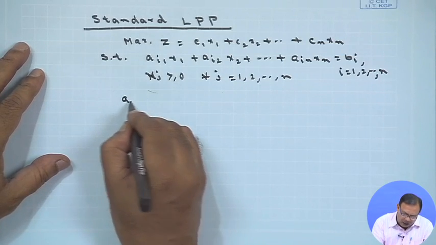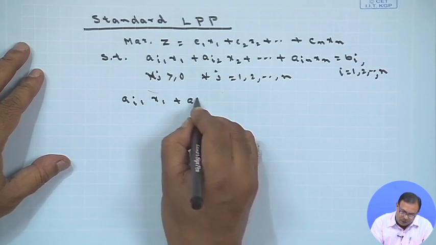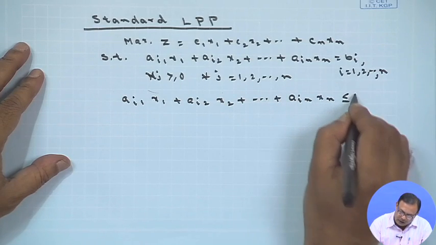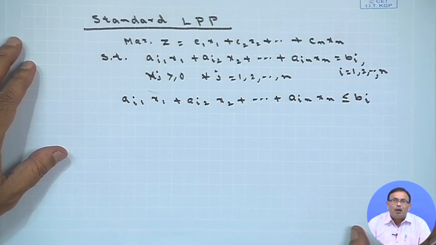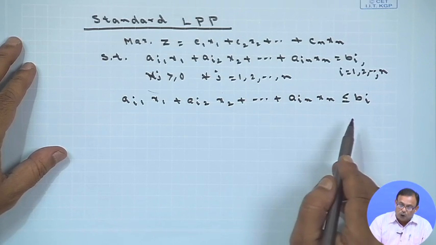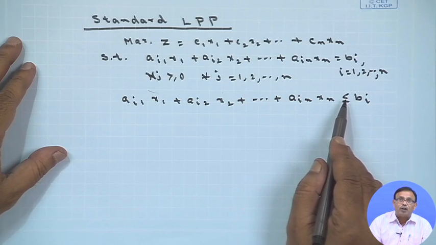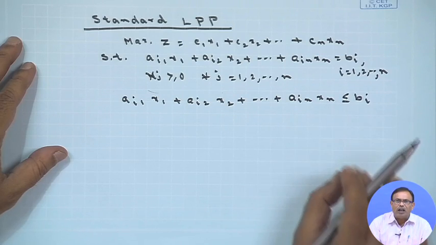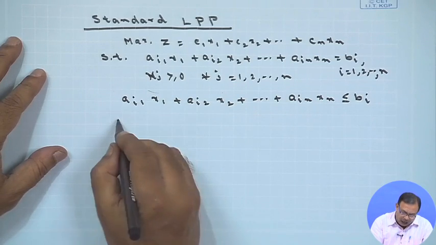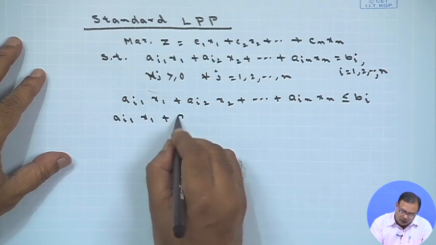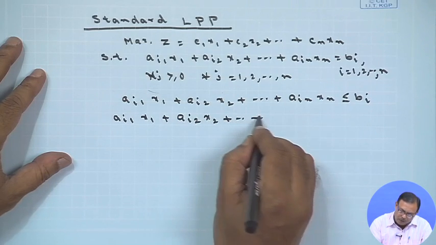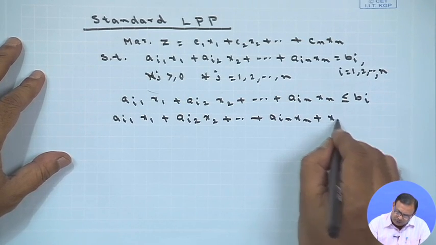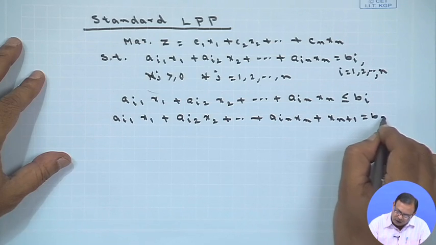Now, suppose I have ai1 x1 plus ai2 x2 plus ain xn less than equals bi. It is less than equals type of inequality. To make it an equality, I have to add some variable. So, I can write ai1 x1 plus ai2 x2 plus ain xn plus some slack variable xn plus 1, equals bi.